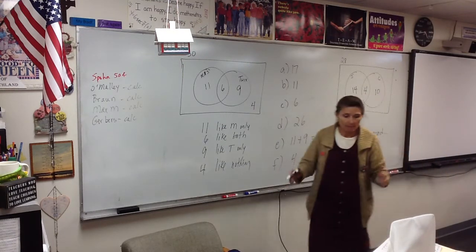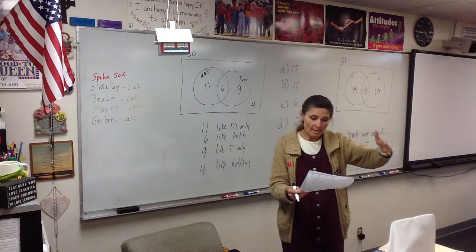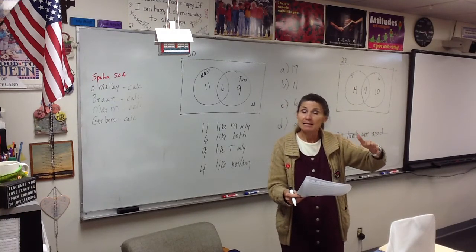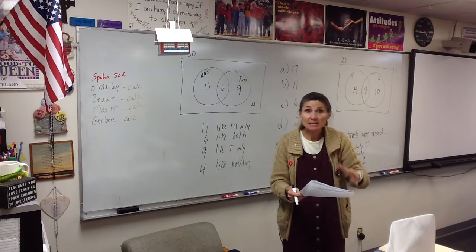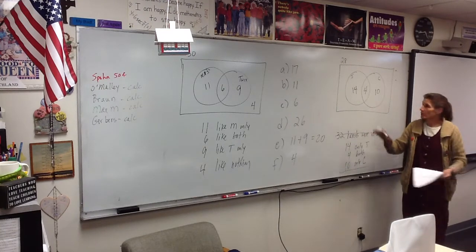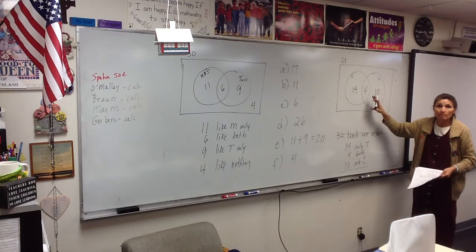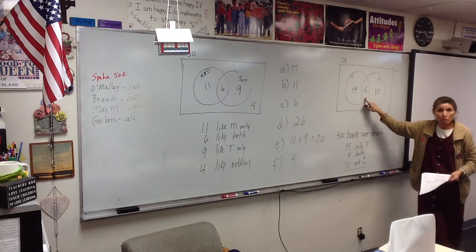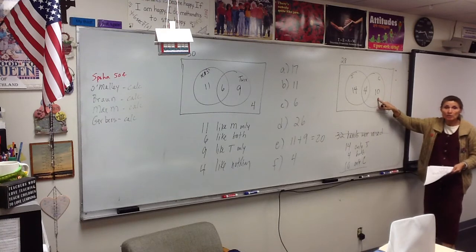Notice, that's everybody. But notice that the problem says each of the 28 students in the class either likes jazz, country, or both. That means there aren't any out here. Everybody in the class is in a circle, one circle or the other or both. 4 kids were in both circles, 14 were in just this one, and 10 were in just this one.